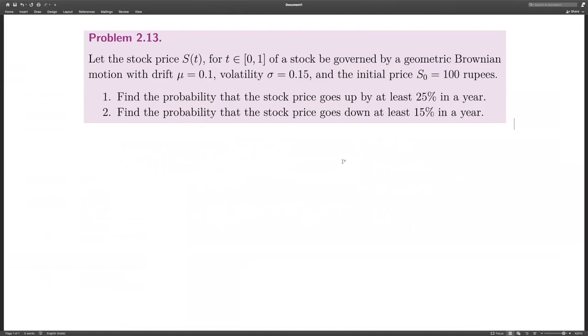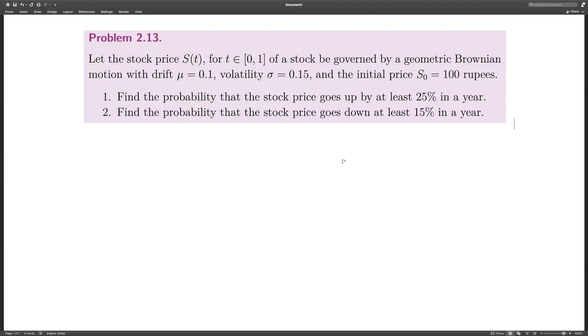The next question is about the probability of the stock going up and down by giving the drift and the volatility, and also the initial price S0, and we are assuming that the stock price is governed by the geometric Brownian motion. I think this question is one of the quiz questions, quiz 2, I think. Maybe some numbers are different, but the underlying idea is exactly the same, and the full answer is given in the marking scheme.